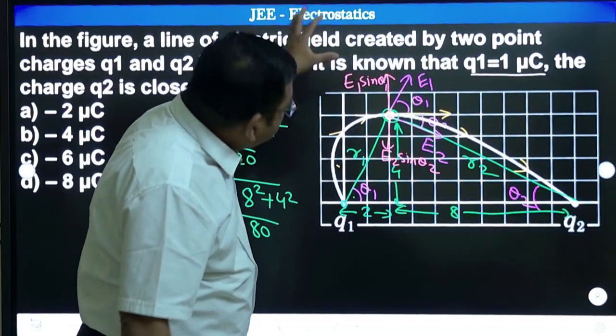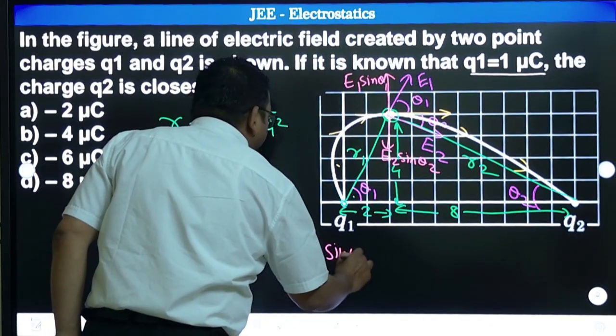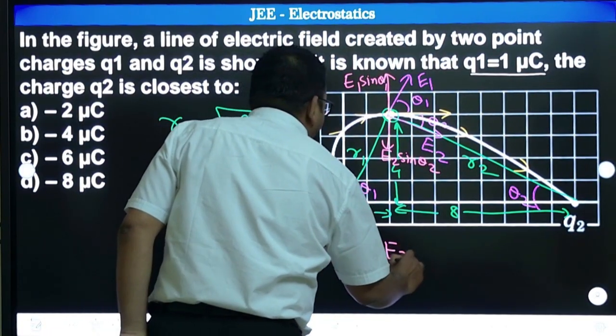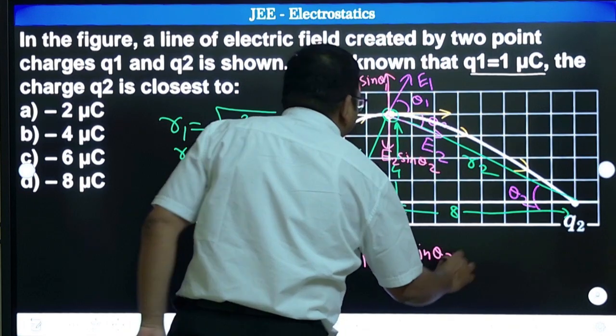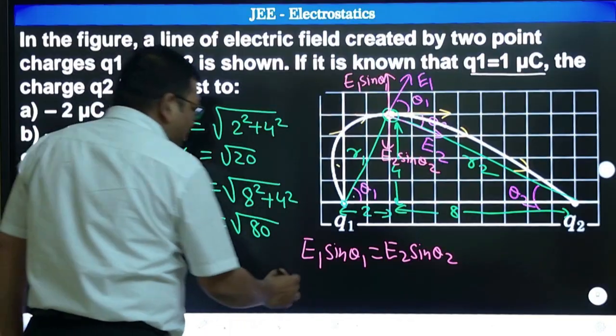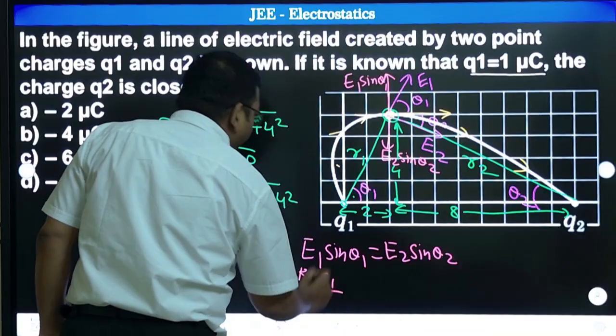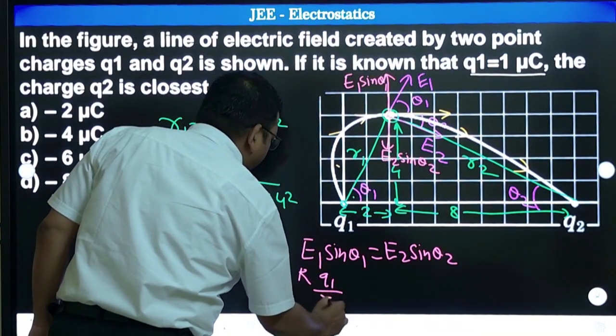So vertically they cancel out. So E1 sine theta 1 is equal to E2 sine theta 2, and E is nothing but kq by r squared. You can write it: k q1 by r1 squared, right?